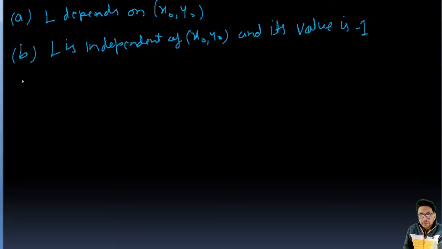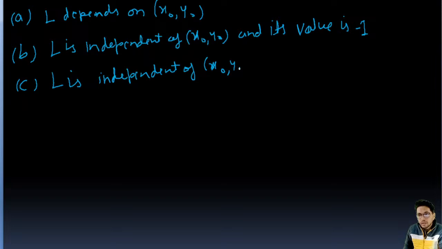Option C: L is independent of x0, y0, and its value is 0.